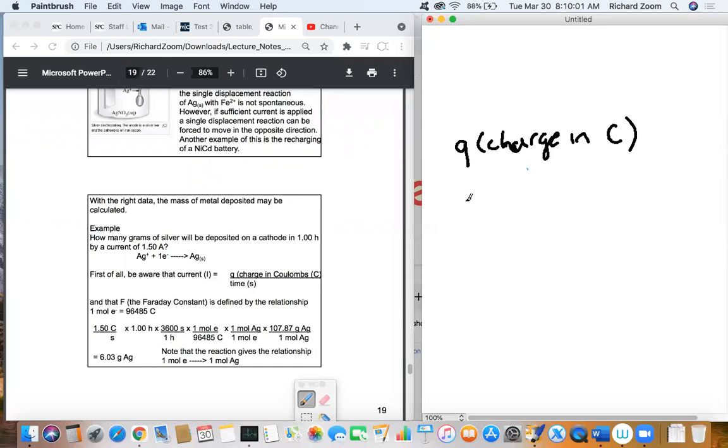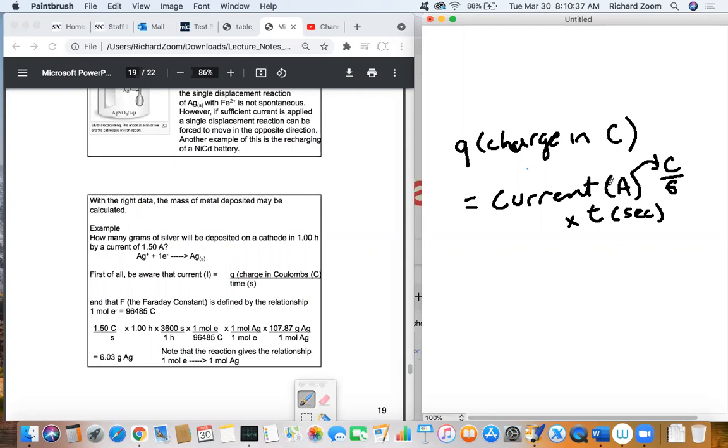So Q, the charge in coulombs, is actually going to be current, which is in amps, multiplied by time, which is in seconds. And amps is actually also coulombs per second. So what are coulombs? A coulomb is a measure of charge, electronic charge specifically.